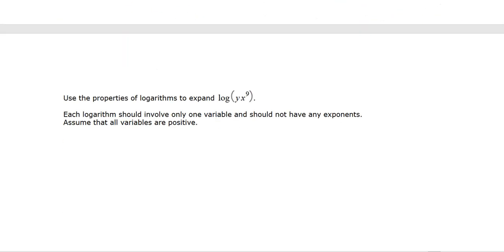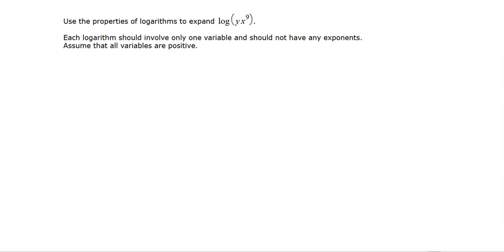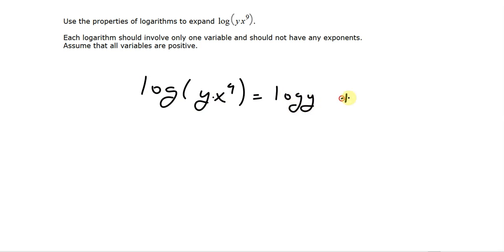The other type of question you get is where you use those properties to go backwards. So when I look at log of y times x to the 9th, I notice it's y times x to the 9th. Since we're multiplying those, we could split that up into addition.